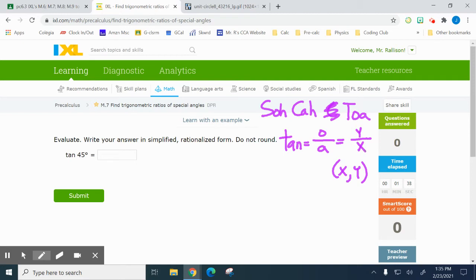So we want the tangent of 45 degrees. So we have to look at the unit circle and find out what the coordinates of 45 degrees are on the unit circle.